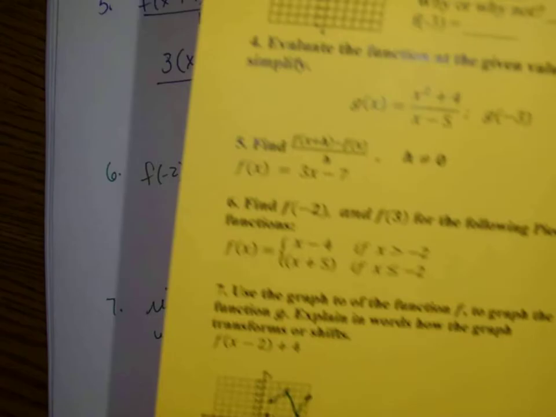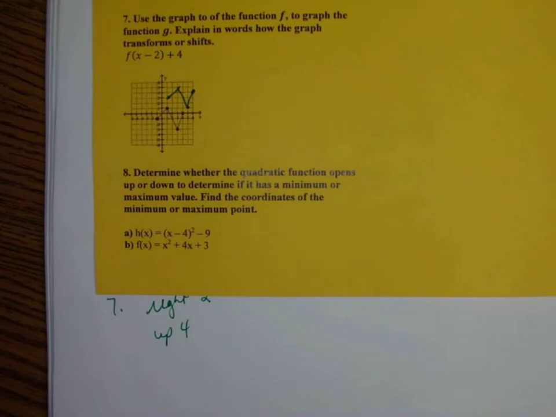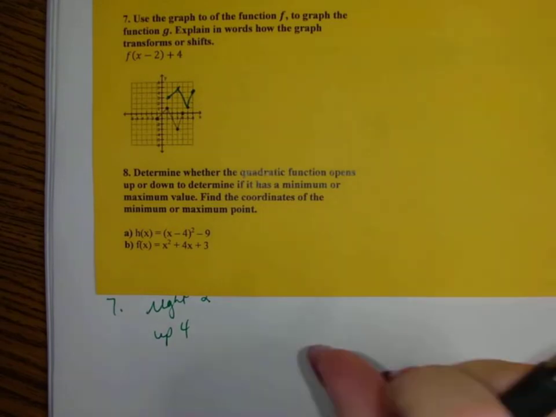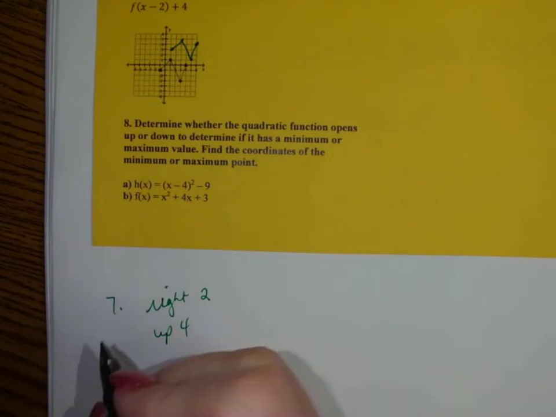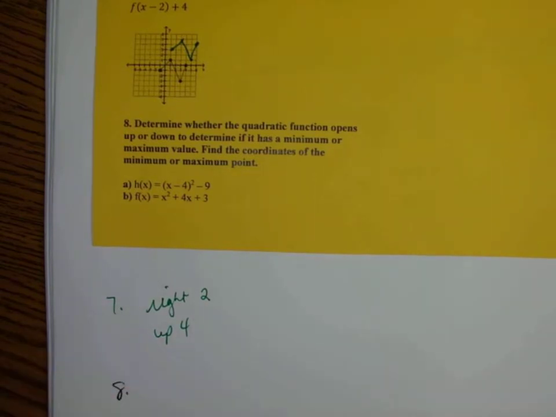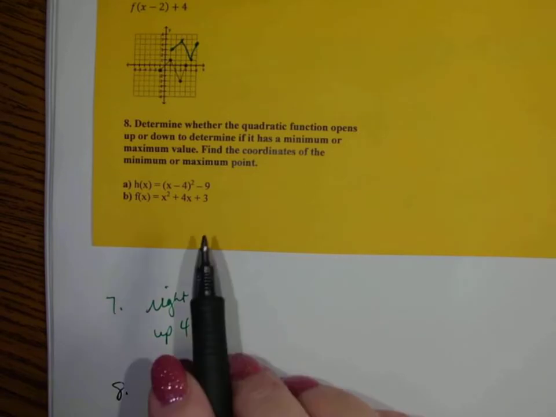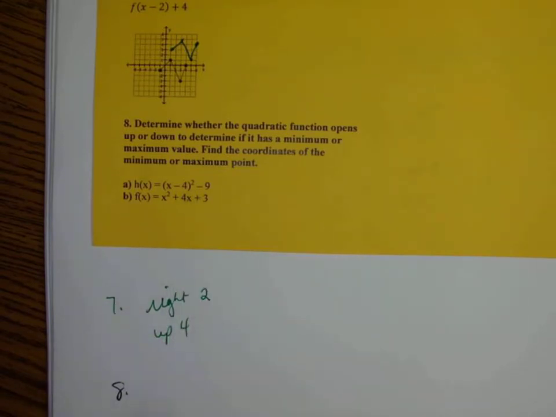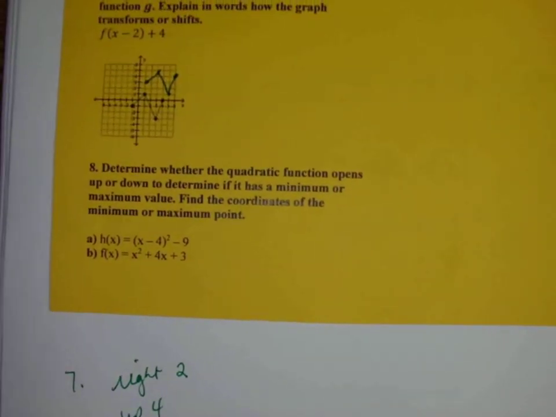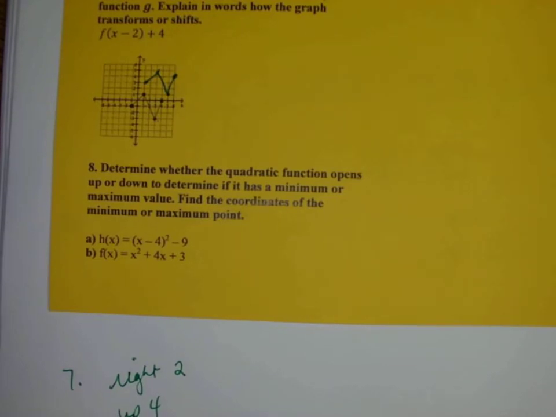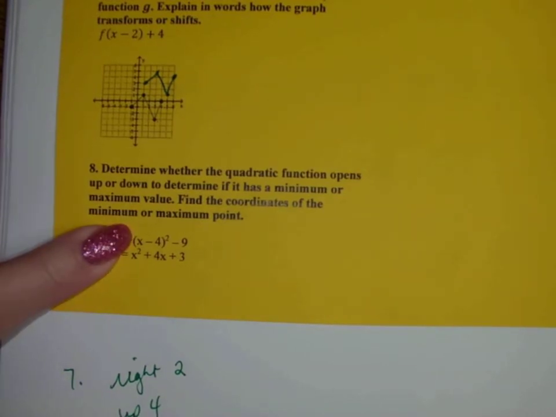All right. Our next question, number 8, says determine whether the quadratic function opens up or down to determine if it has a min or max value. And then find the coordinates of the min or max point. So on these types of graphs, when we're looking at whether it opens up or down, we are looking to see if it's positive in the front or if it's negative.